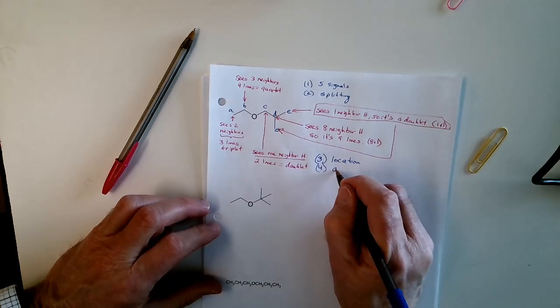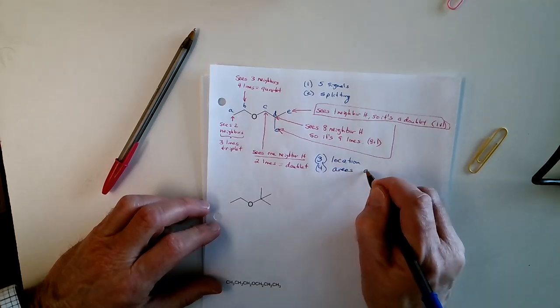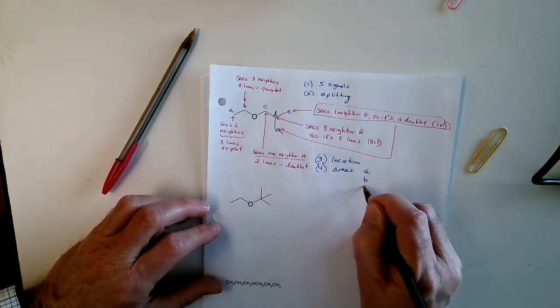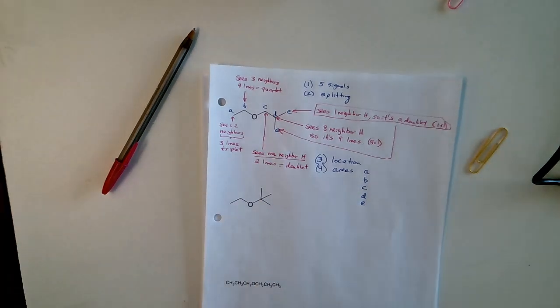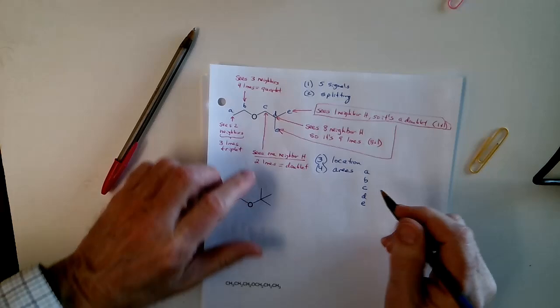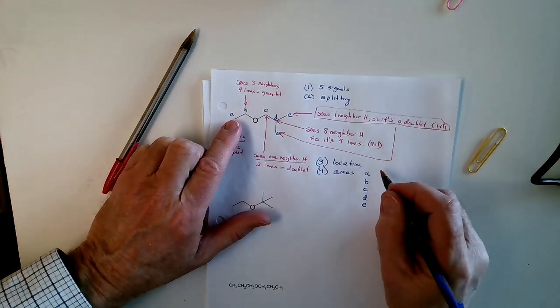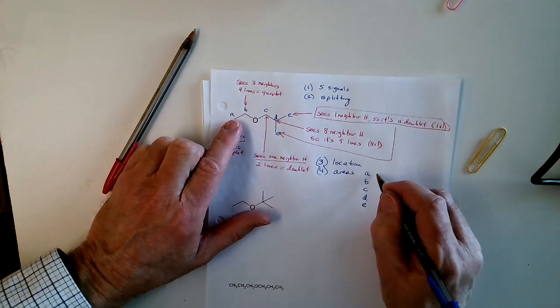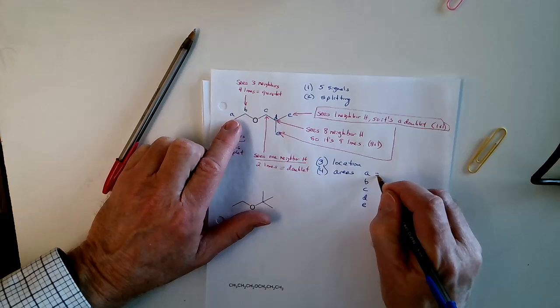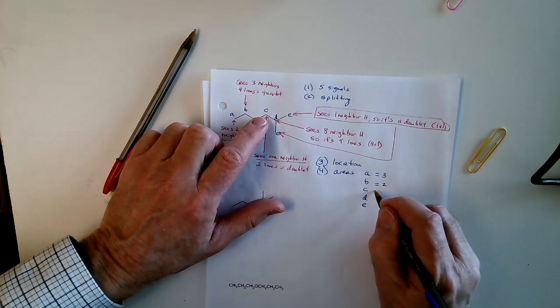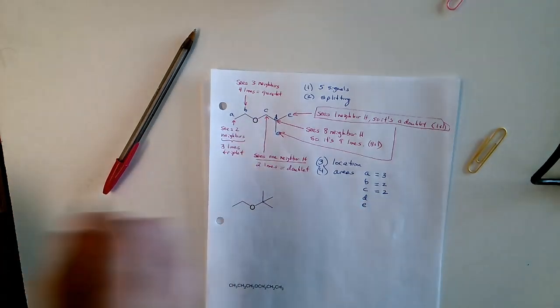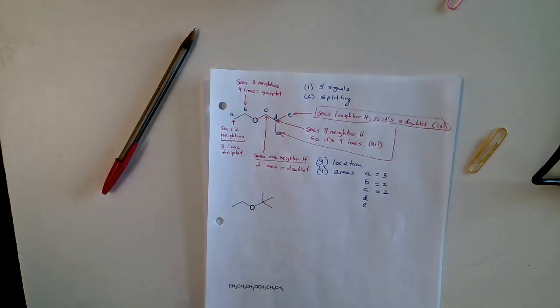Now let's look at the areas. A, B, C, D, and E. Okay, if there's any one trick here, it's just staying close enough to the structure that you don't miss. A is going to be 3, B will be 2, C will be 2, and then is when we kind of jump into territory that's tricky.